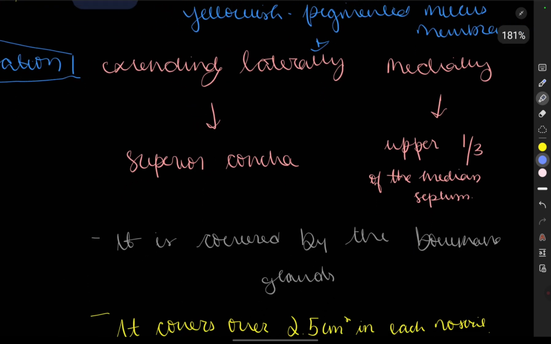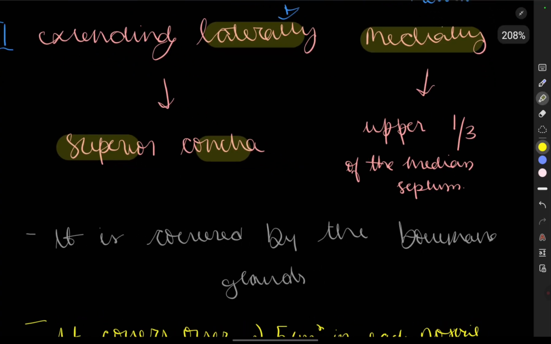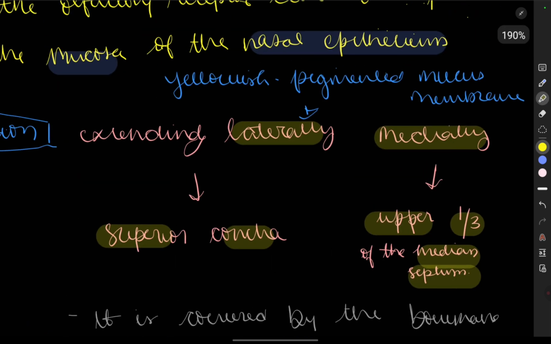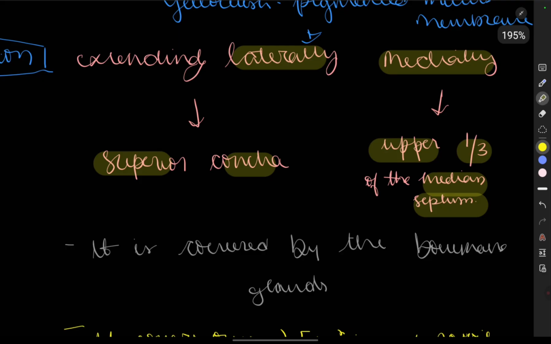It extends in two directions: laterally it extends to the superior concha, and medially it extends to the upper one third of the median septum. The septum is the region that separates the two nostrils. So this pigmented mucous membrane extends laterally to the superior concha and medially to the upper one third of the median septum.